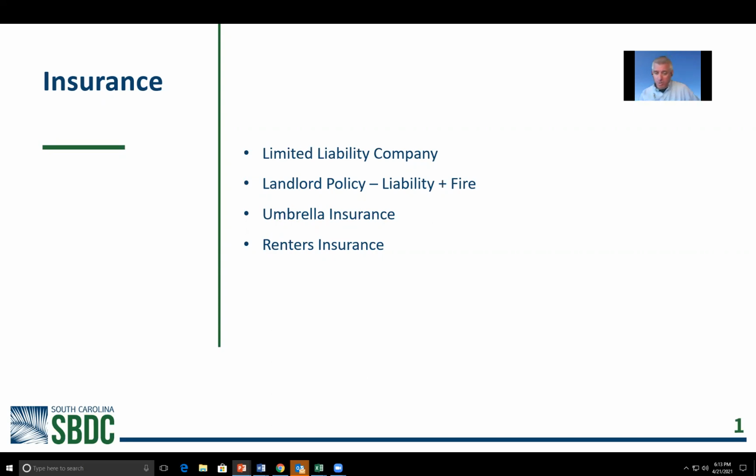And lastly, every tenant that I have, I offer renter's insurance. Any landlord policy does not cover the contents of the property. So that would be the tenant's personal belongings and their personal property. None of that's covered by any of your insurance.